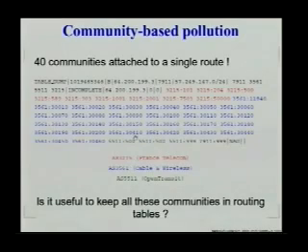That's a lot of useless bytes in an update message. So I think that there are many studies about the increasing number of prefixes in routing tables and memory and CPU consumption, but I think we should also have a look at communities that are appearing in our routing tables.